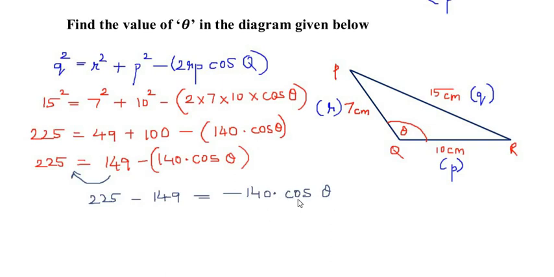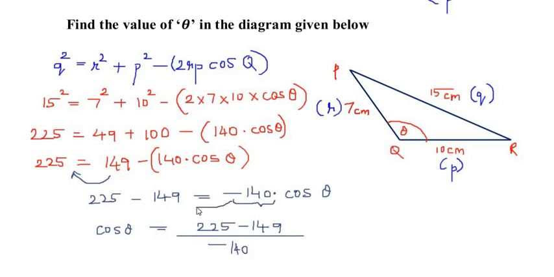Now we have to make cos theta the subject, so we keep cos theta on one side and we write it as 225 minus 149 divided by minus 140. So this is multiplied with cos theta, so when it goes on the other side it becomes divided.